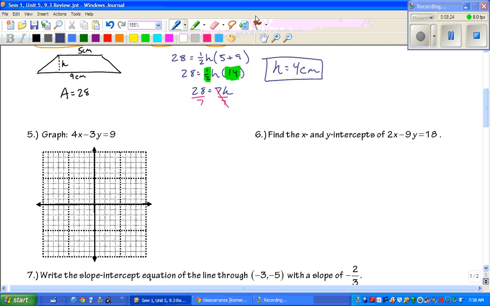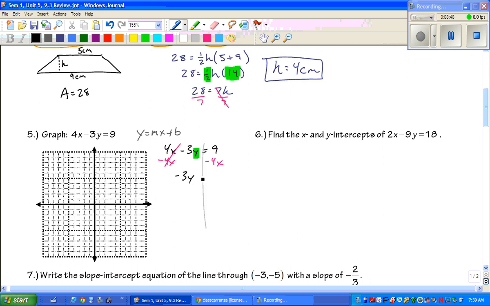Graph 4x minus 3y equals 9. Remember when we graphed that we wanted y equals mx plus b. So I'm going to take my equation and I want to solve for y. So I'm going to subtract the 4x, subtract the 4x. Those are different.